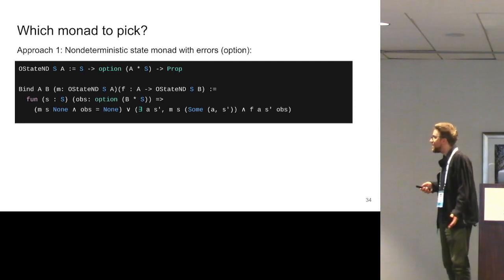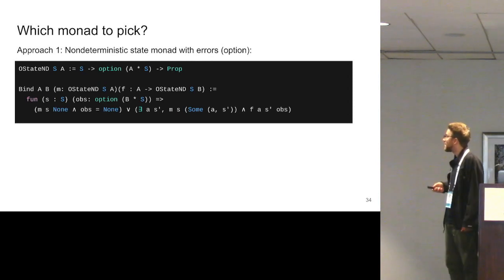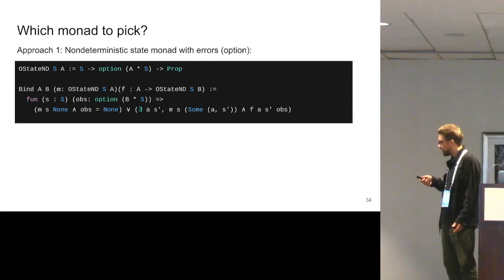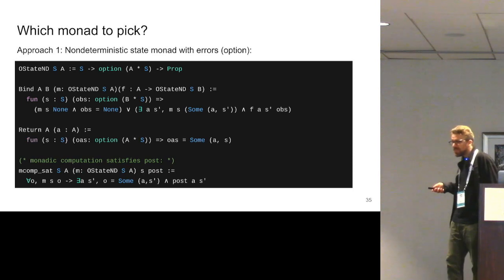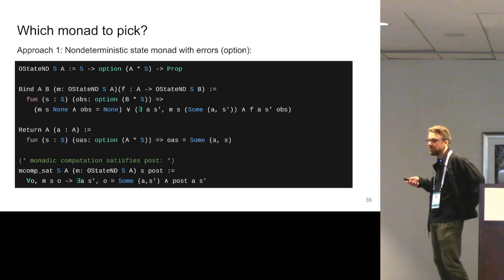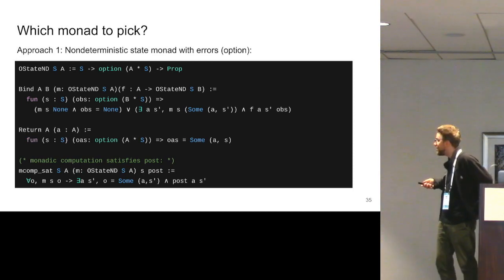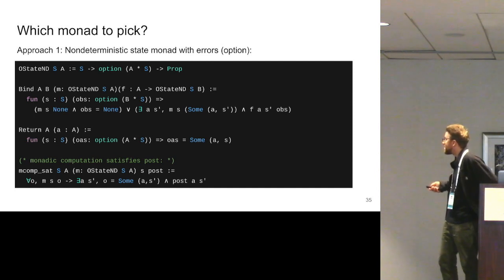You can define a bind on this type. It's a little gnarly already. Return is easy, but then all of our development, including the compiler, is based on weakest preconditions. So we need something to say, when does a monadic computation satisfy a postcondition?